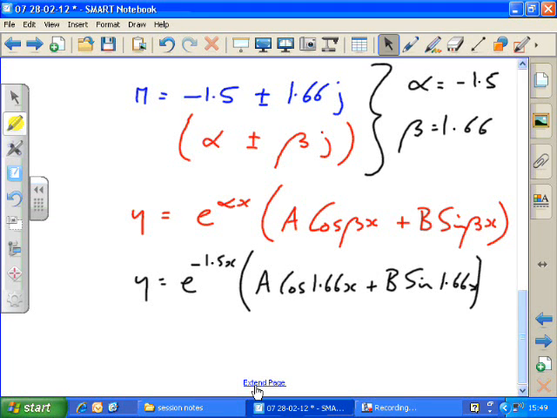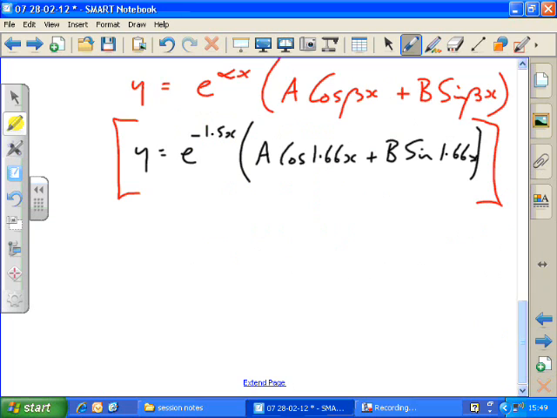And that is a general solution because we're given no way of finding a and b. So this case is a general solution to the ordinary differential equation.